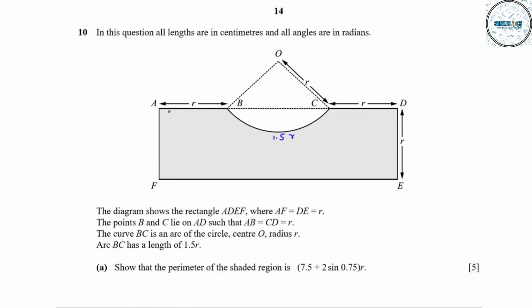Perimeter of the shaded region. So perimeter means the outline, which includes this R, then this, which is also R, then this length, then this length, DE, and then this length, and this curve part.